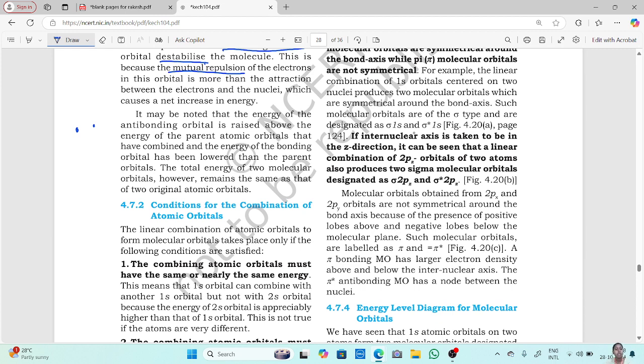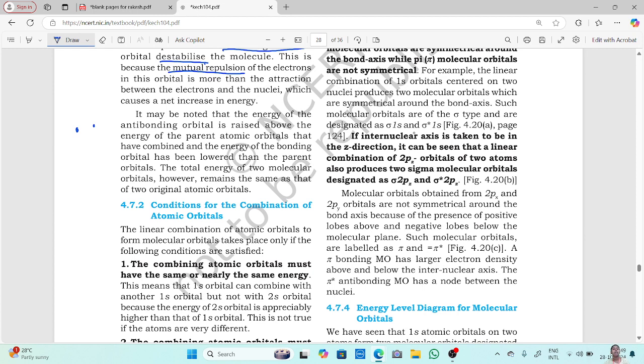The energy of the antibonding orbital is raised, meaning it is more than the parent atomic orbital energy level. Parent atomic orbitals means the atomic orbitals you are combining. The energy of those combining atomic orbitals is less than the energy obtained in the antibonding orbital.